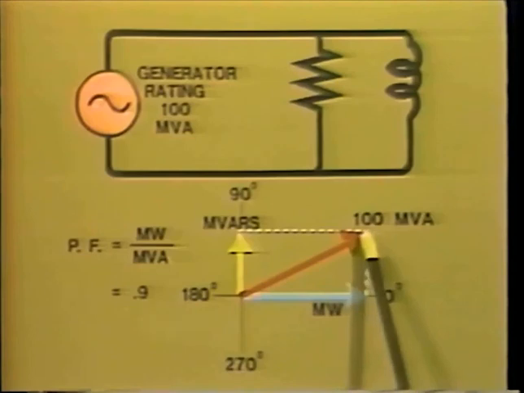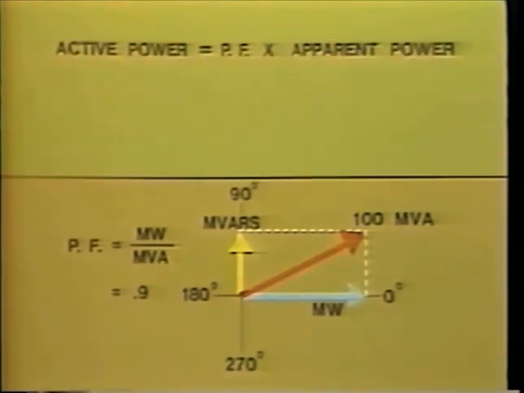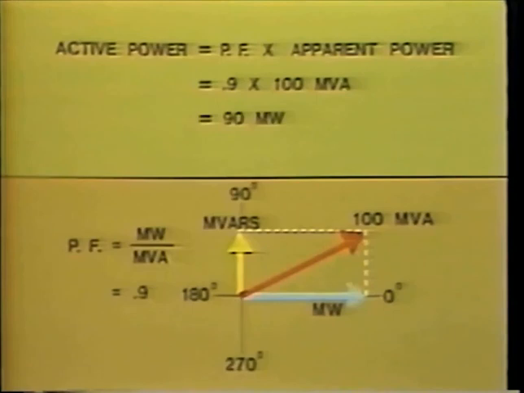The power triangle will look like this. The generator output of active power in watts will now be limited to the quantity represented by this vector. Active power will equal the power factor times the apparent power, and this is 0.9 times 100 MVA, and that will come to 90 megawatts.